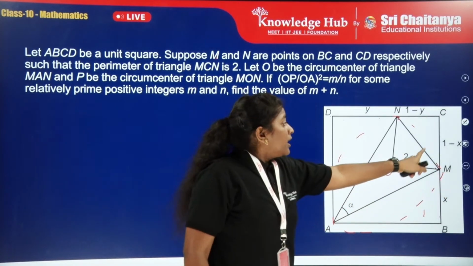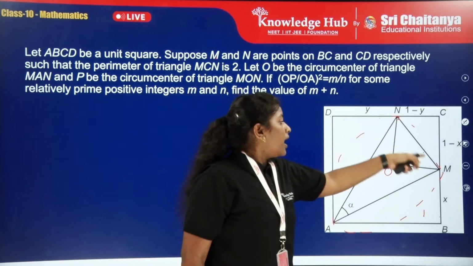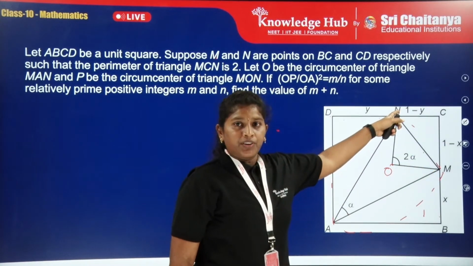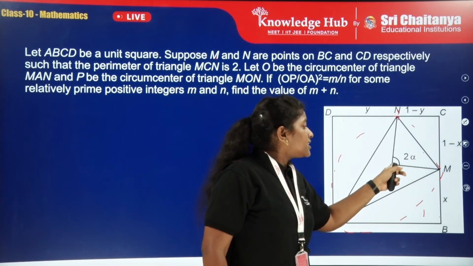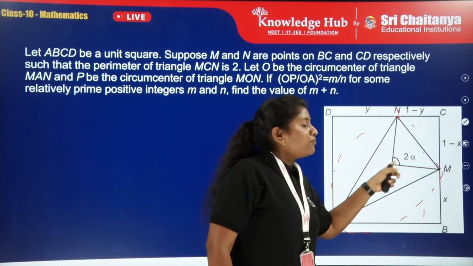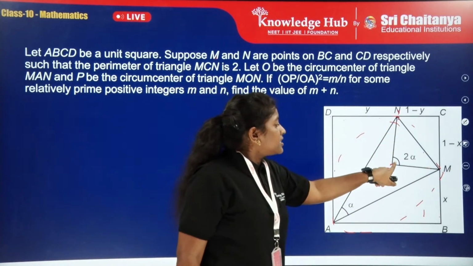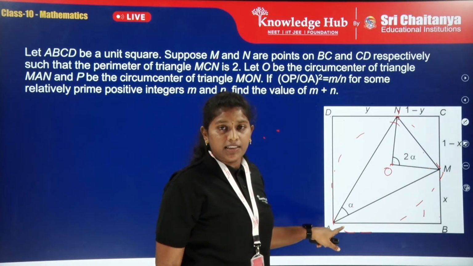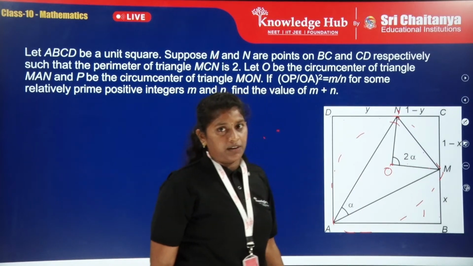This chord forms an angle in the segment, which is your angle MAN, and the same chord forms an angle at the center, which is your angle MON. Using the theorems of circles, the angle at the center is 2 times the angle in the segment. So we get MON equals 2 alpha.